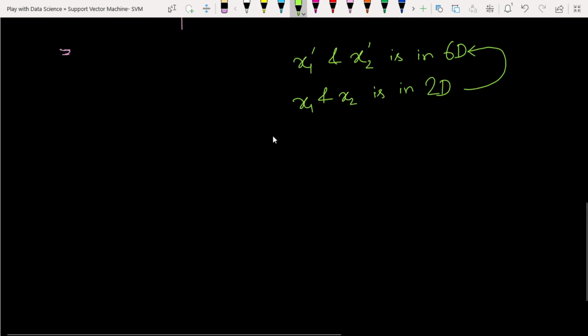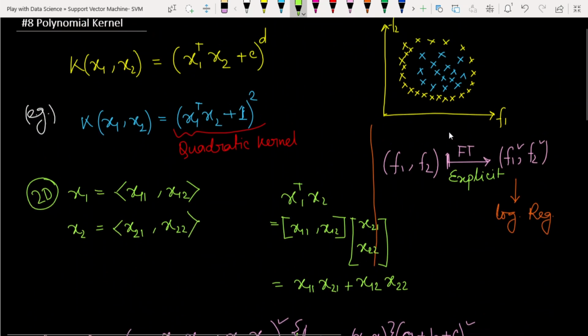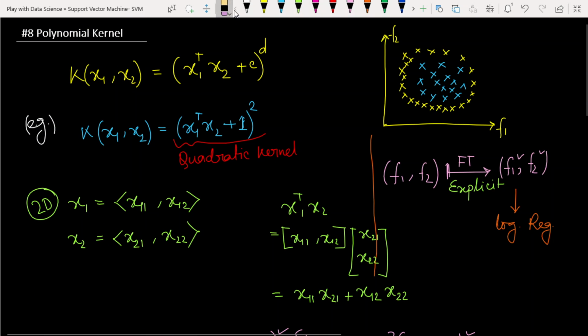Okay, I am going to summarize this thing finally. Here we have two data points x1 and x2. If we compare this thing, in logistic regression, using feature transformations, we are converting x1 and x2 into x1 square and x2 square.